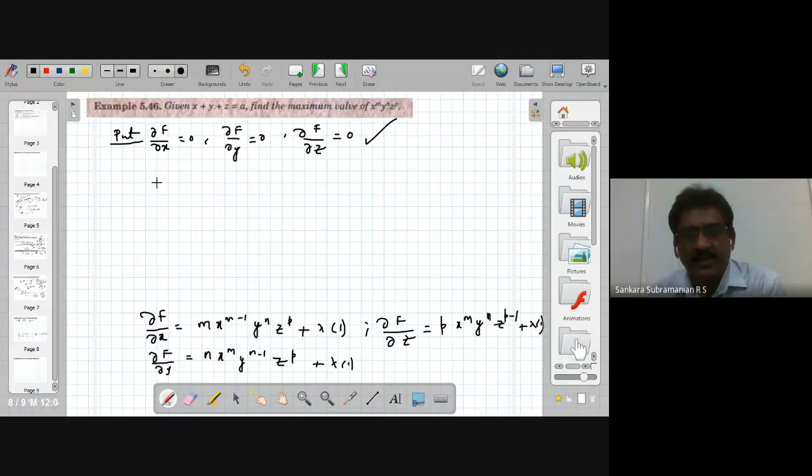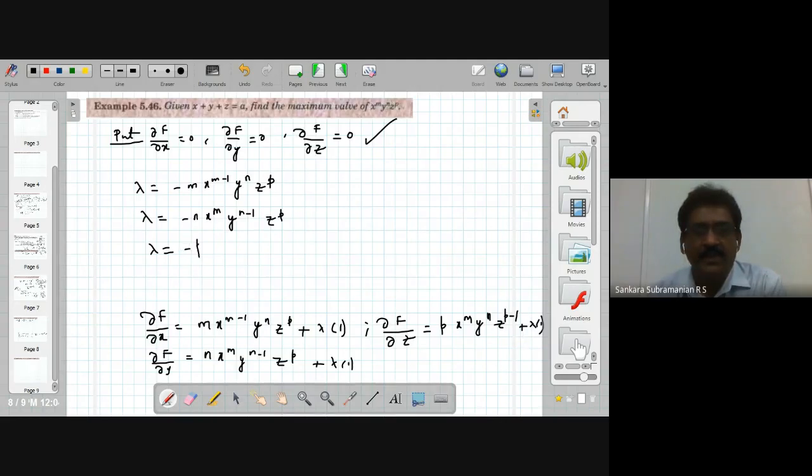If you do that, I get λ = -m x^(m-1) y^n z^p, and λ = -n x^m y^(n-1) z^p. And for the third one, with ∂f/∂z = 0, λ = -p x^m y^n z^(p-1).